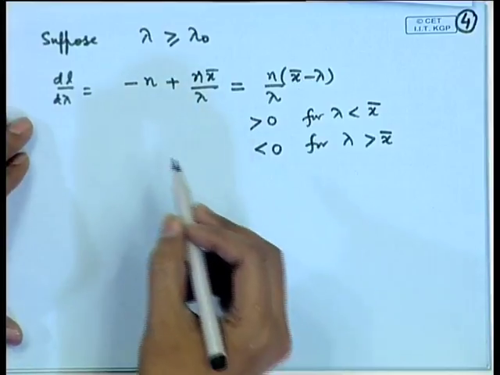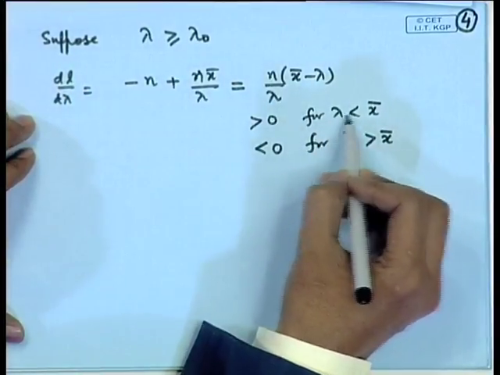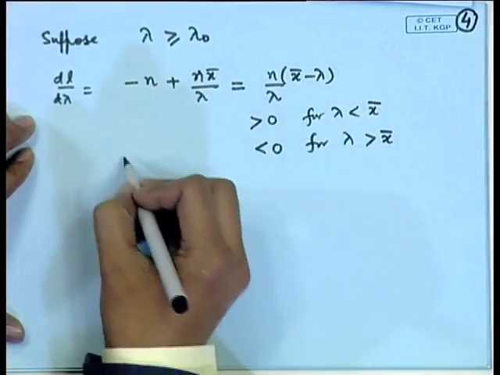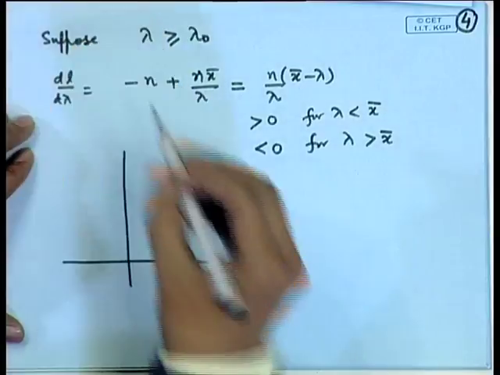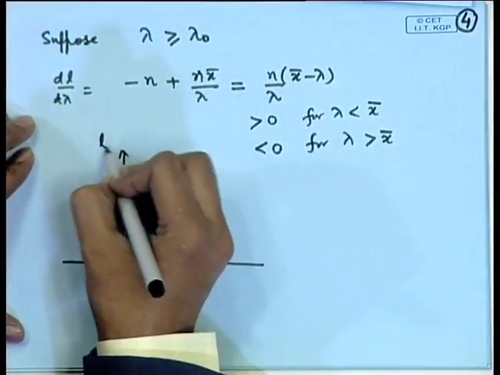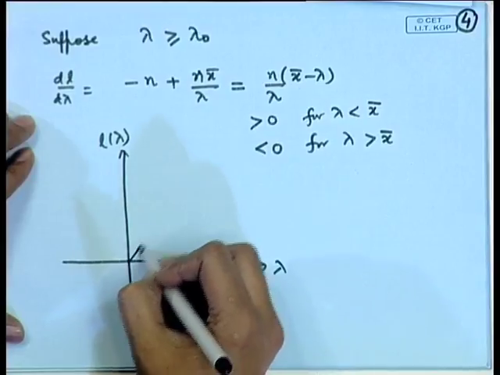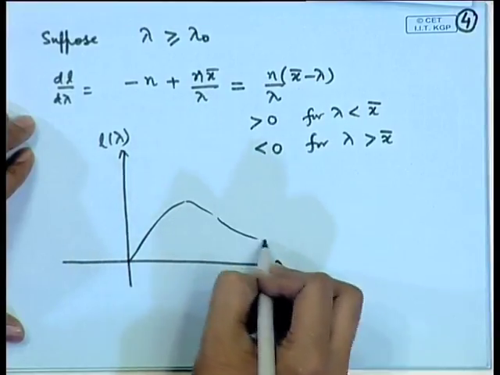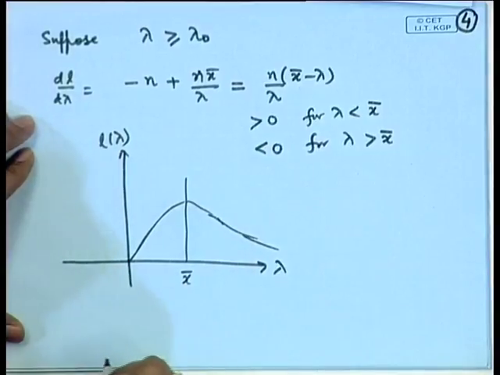So, we look at the behavior of the function. It is increasing up to x bar and then decreasing after x bar. So, let us plot it as a function of lambda. On this side I have the log likelihood, it is increasing and then it is decreasing. This is the point x bar.